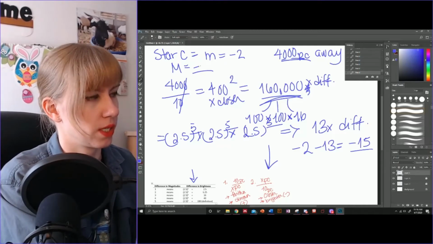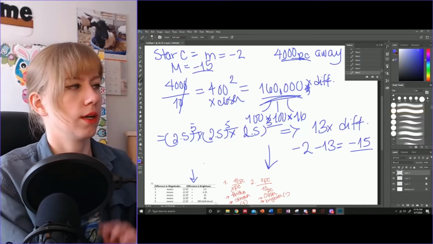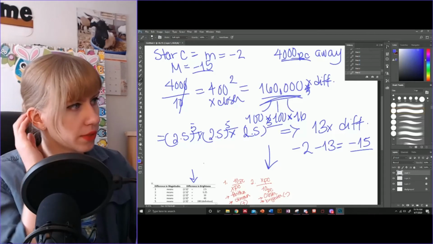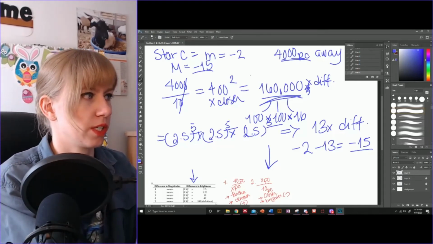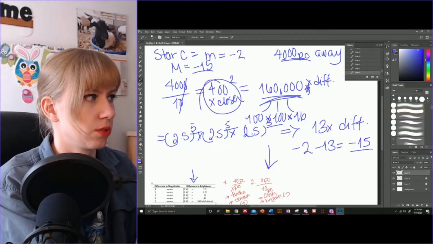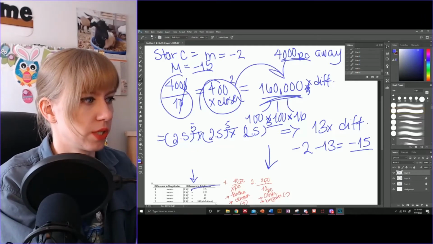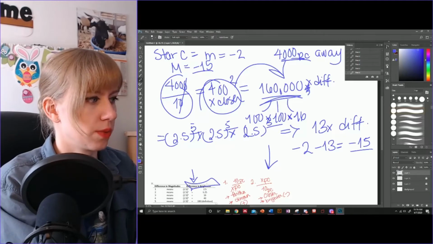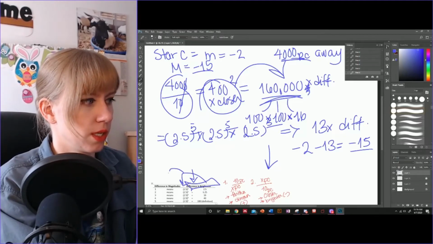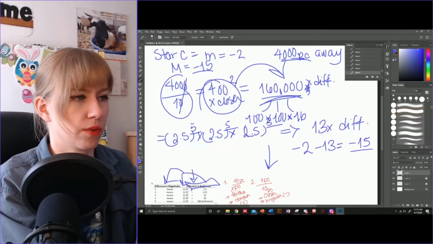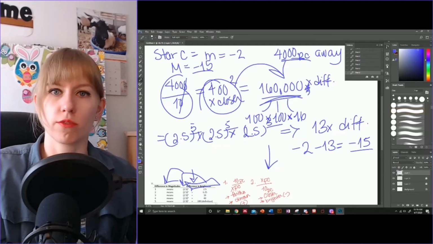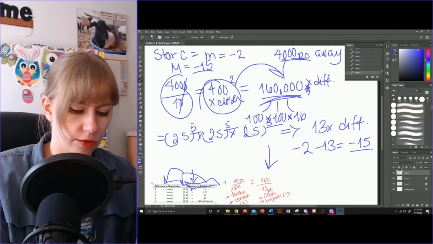That's a pretty luminous star. Okay, and that's how we figure this out. So remember that you're moving so many times closer when you do this division, and then we have to square it so we can get our difference in brightness. Which we then have to turn into exponential form, and then we'll figure out the difference in magnitude from that. And that's how you find absolute magnitude for coming closer.